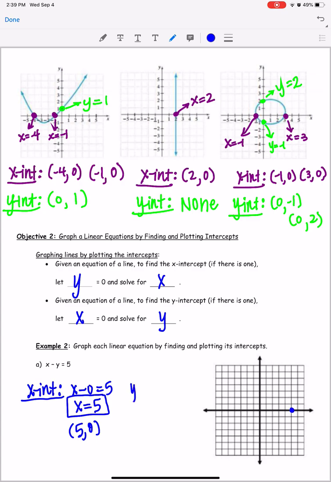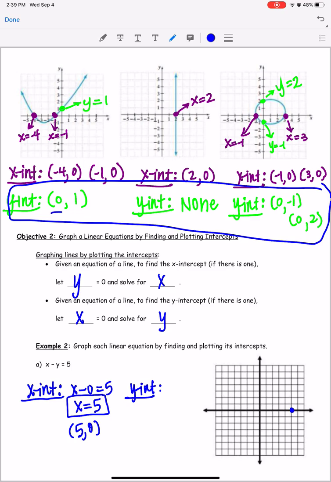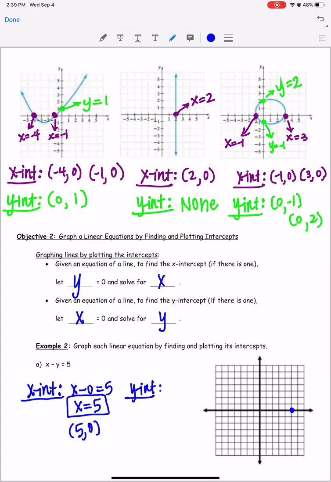So now find your y-intercept. When you find your y-intercept, we're going to let x equal 0, solve for y. Same thing. Look at all of these here. What is my x in all of these? They're all 0. So that's why we're substituting in 0 for this.